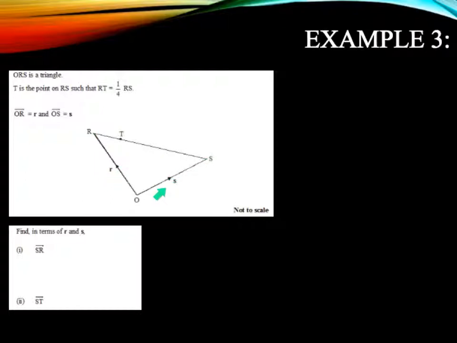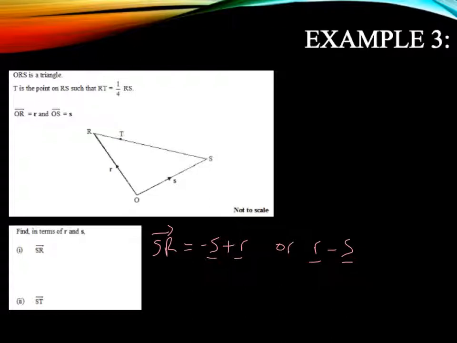Well, we can go minus this way and plus this way, so we can write SR as minus S plus R, or R minus S. Okay, that's the first part.